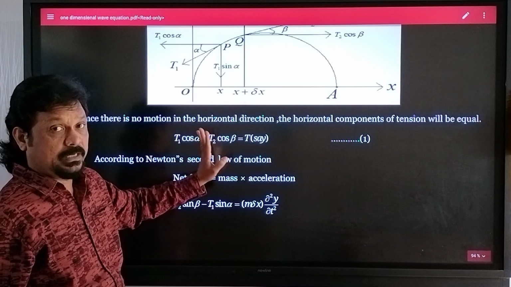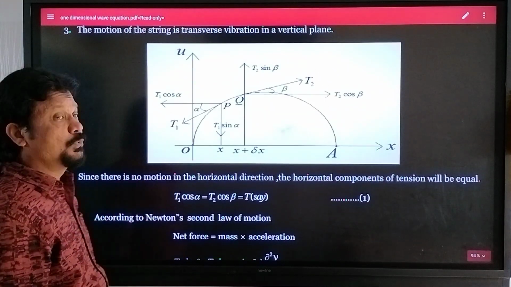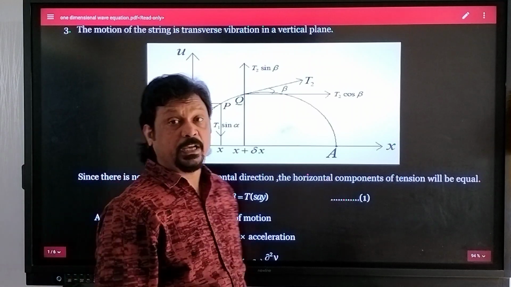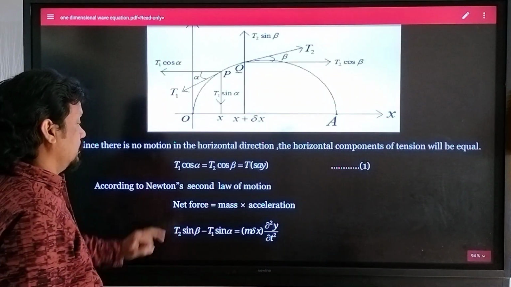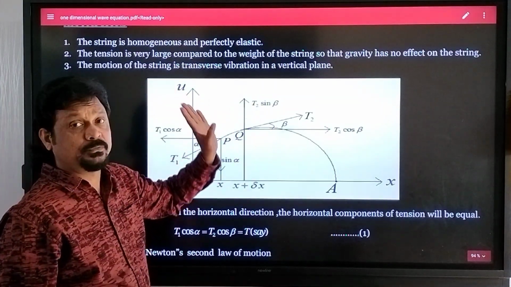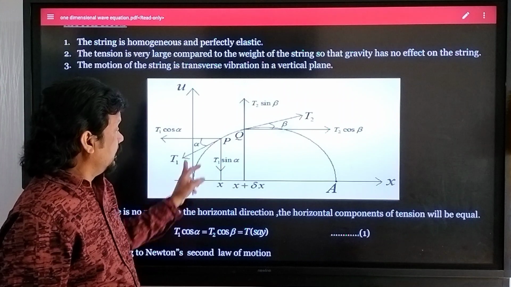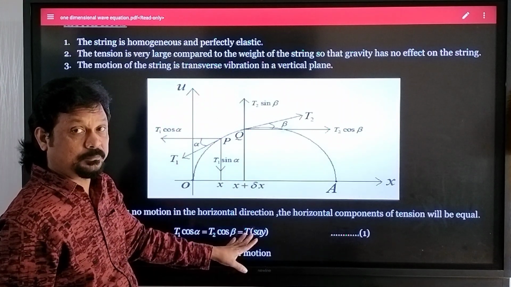Let it be T. I have taken T. Okay, and according to Newton's second law, force F is equal to ma, mass into acceleration. So net force is equal to mass into acceleration. In my present figure, the string is vibrating in the upward direction, not along the downward direction.